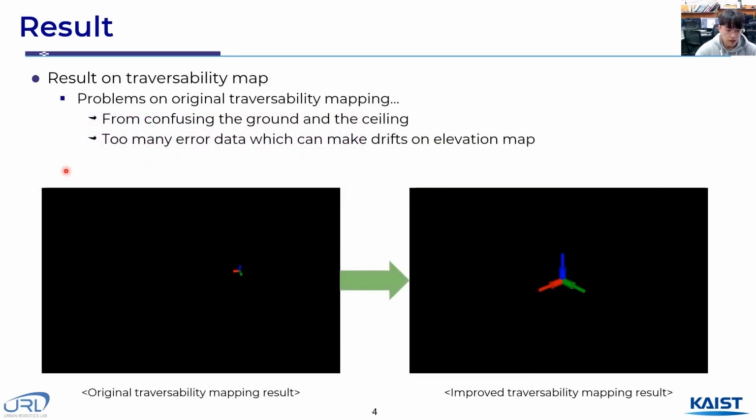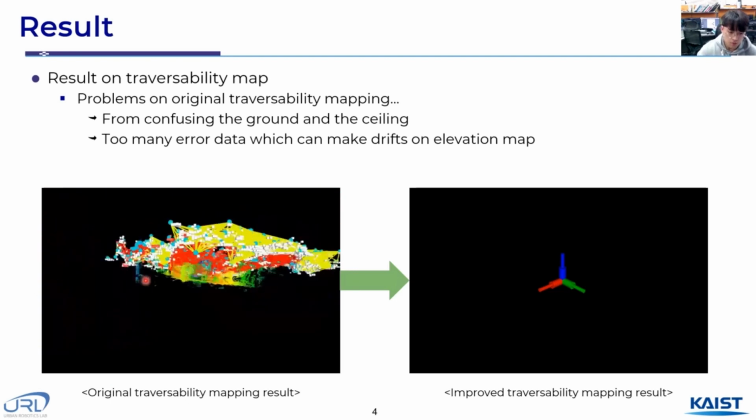And lastly, I will show you the result on the traversability mapping. The problem of the original traversability mapping is confusing the ground and the ceiling. This misdetermined data makes drift in the elevation mapping again, as shown here.